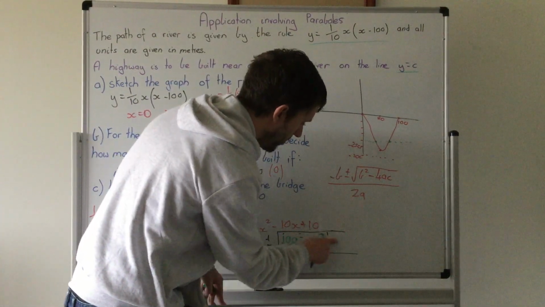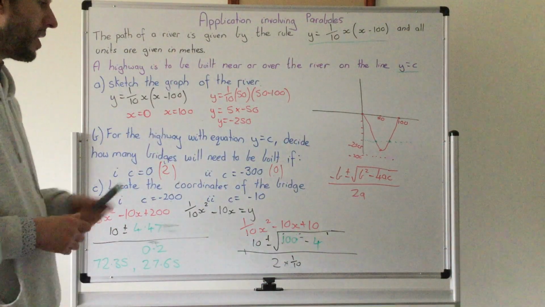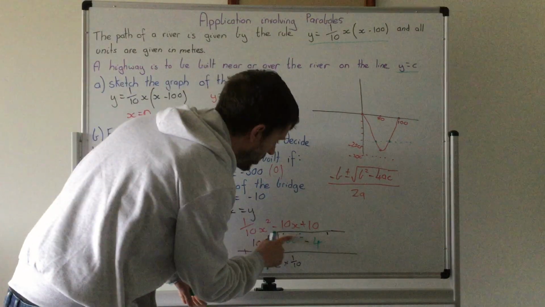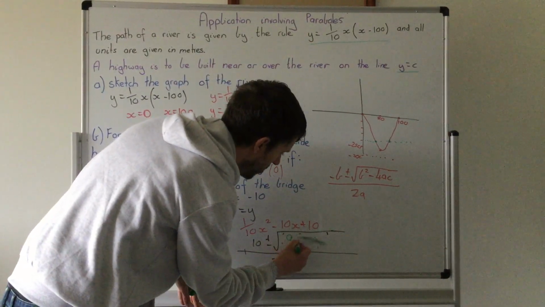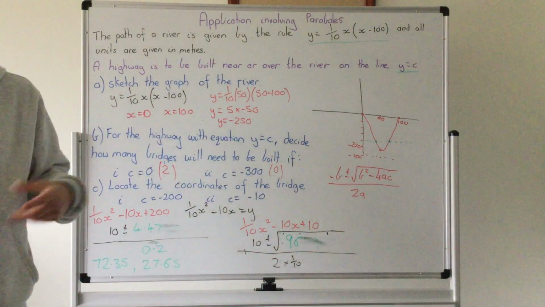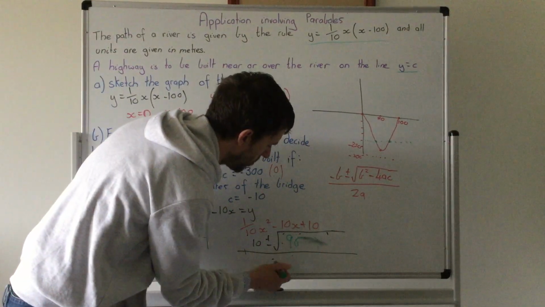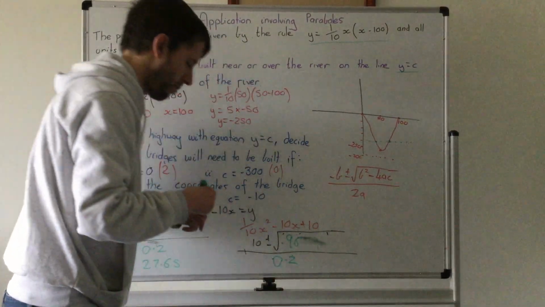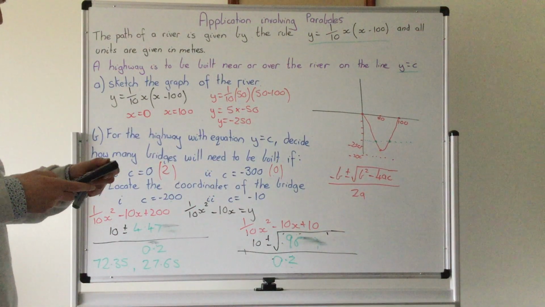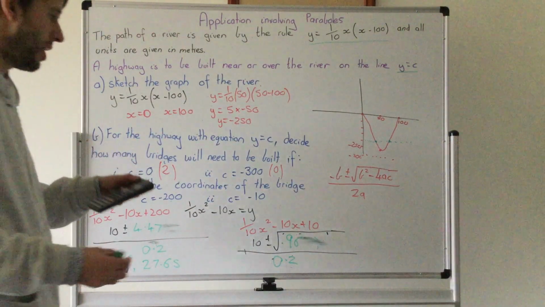That makes it easy, doesn't it? 100 minus 4 is 96. And I'm going to make this part down here a bit simpler. 2 times 1 over 10, that's 2 over 10, which is 0.2. Now we are going to simplify. So the square root of 96 is 9.79.